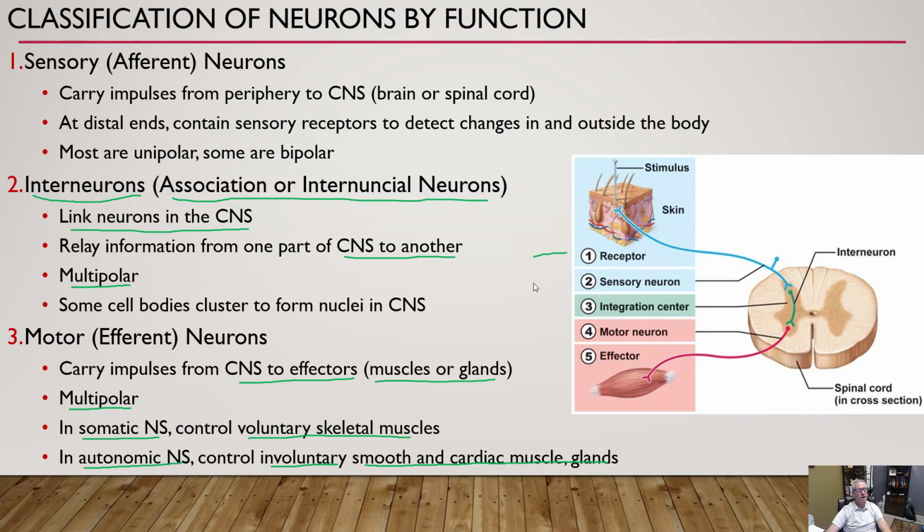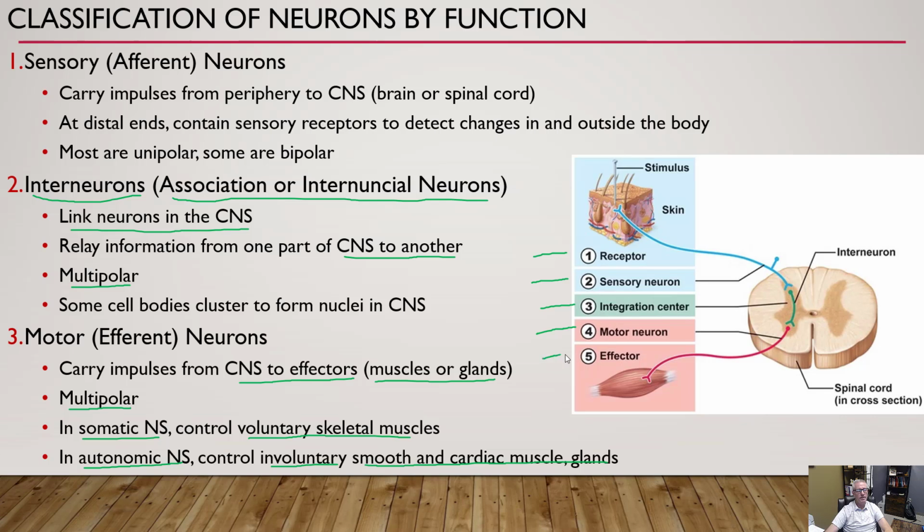And then we have a sensory neuron or an afferent neuron. And then we have the interneuron or the integration center. So the interneuron is going to be within, in this case, the spinal cord. That's actually a cross section of the spinal cord. And then we have a motor neuron.